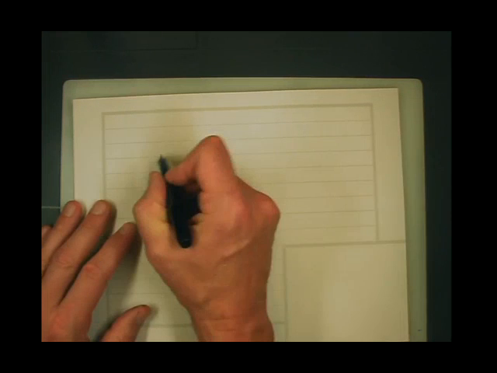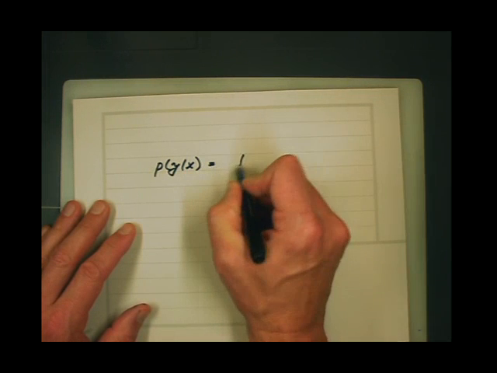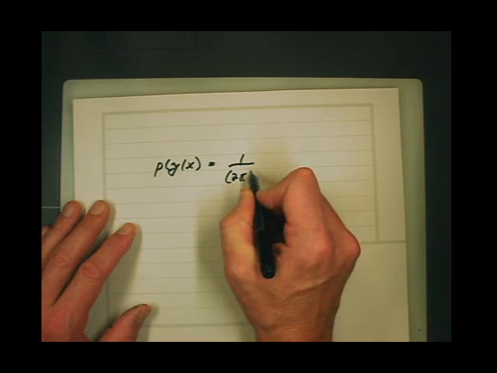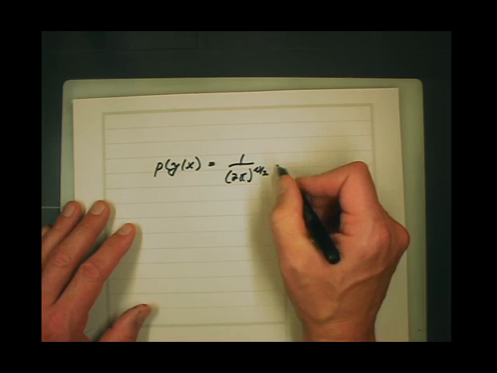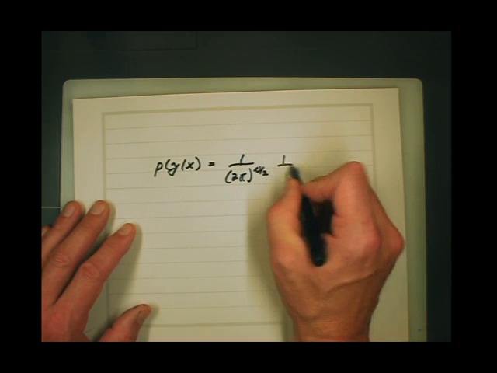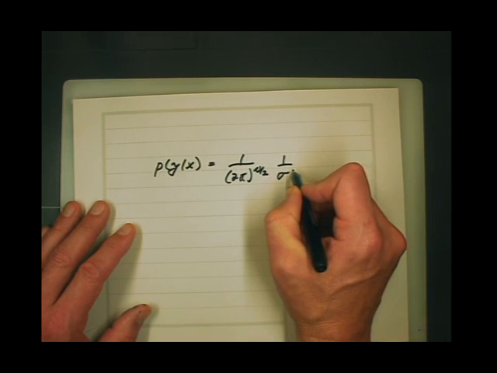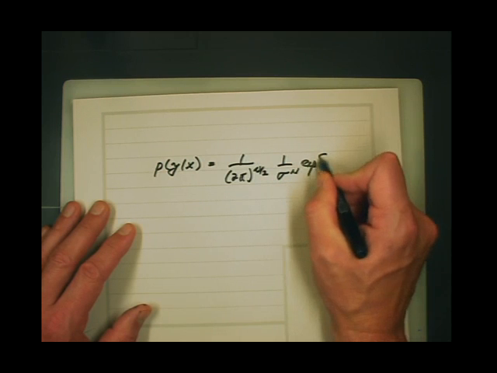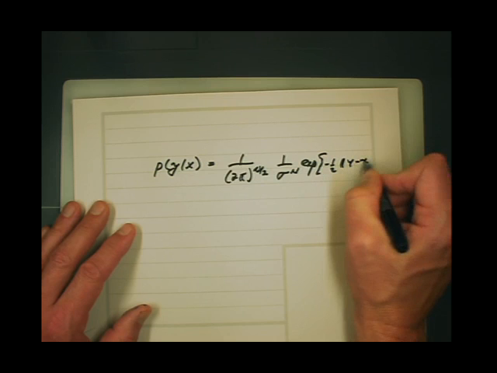So the probability distribution, P of y given x, is going to be 1 over 2 pi to the n over 2 times 1 over sigma to the n, right, times the exponential of minus 1/2 the norm of y minus x squared.